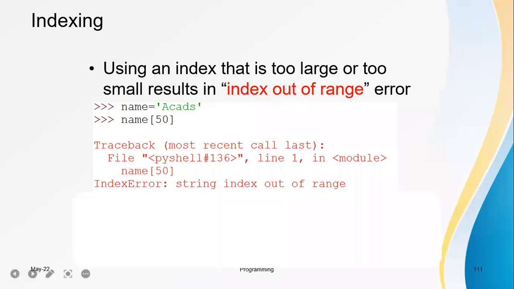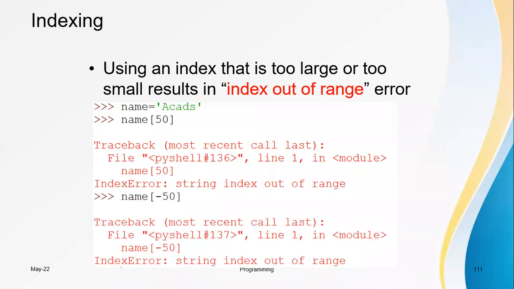Hope you have seen these error messages frequently in your programs. String index out of range may be either positive or negative. Clear? So this is all introduction basics of strings.